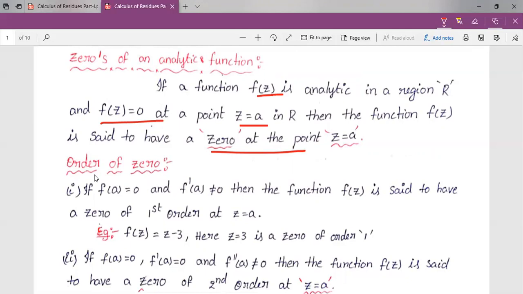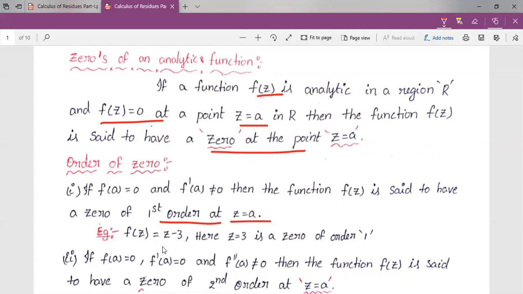Now we observe order of zeros. If f(a) equals 0 and f'(a) is not equal to 0, then the function f(z) is said to have a zero of first order at the point z equals a.